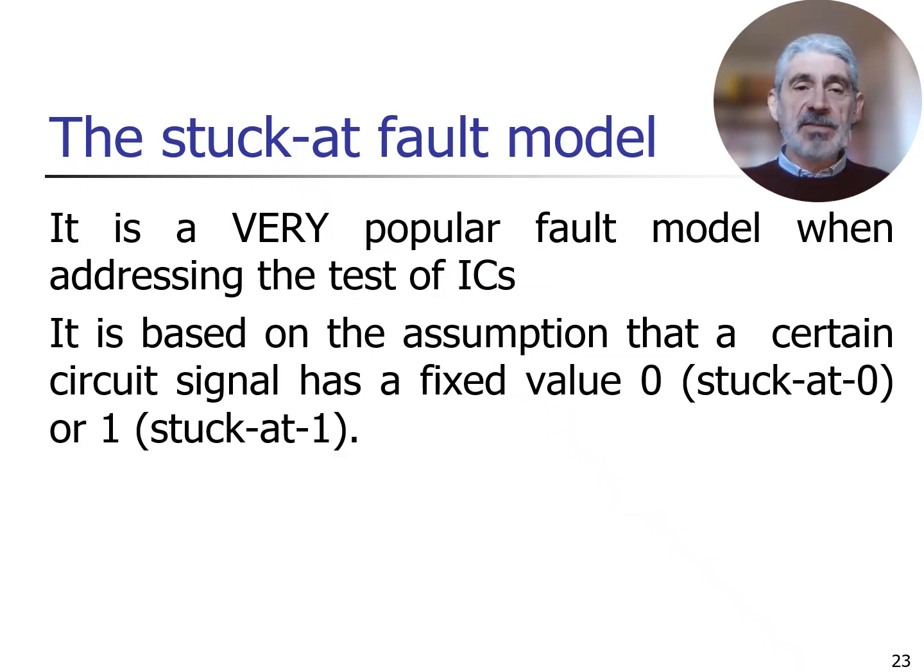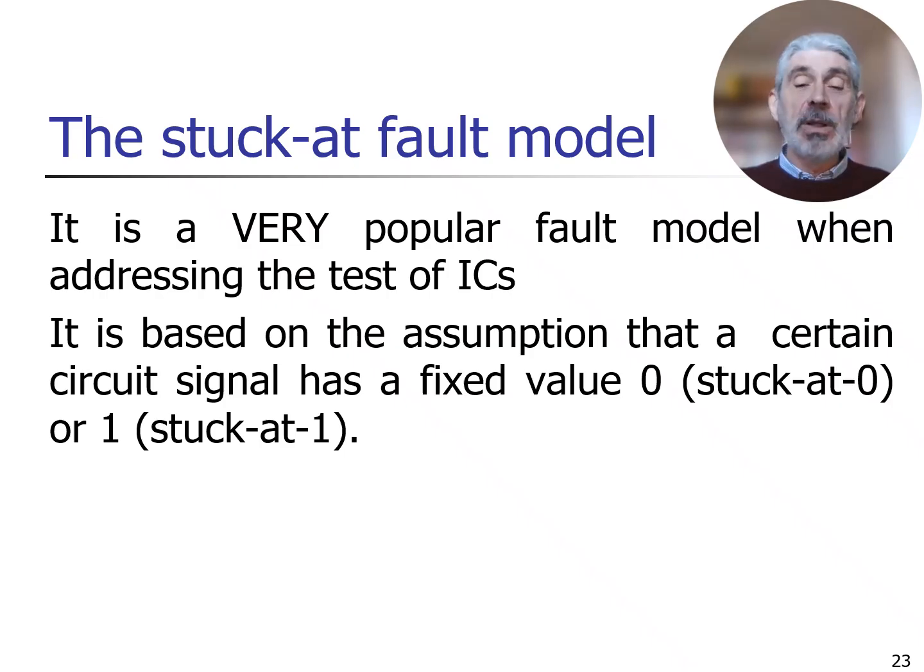What is the stuck-at fault model? It is relatively simple. The idea is to consider the gate level netlist, the gate level representation of our circuit. For every line, we can assume that it can be affected by several possible defects, but these defects will manifest themselves in two possible manners.